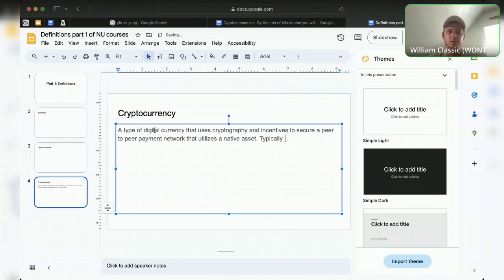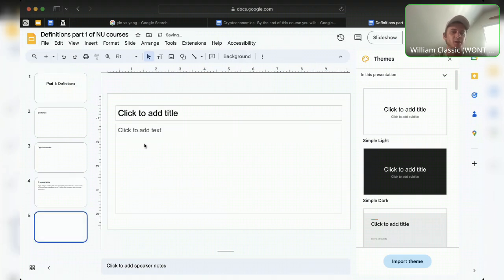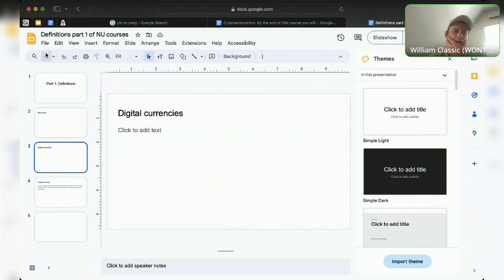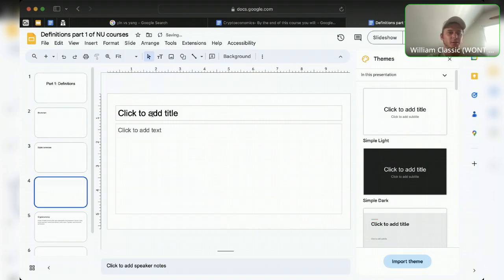Typically uses blockchain architecture. There's some cases in which a cryptocurrency doesn't actually have a blockchain, but I think that's a story for another time. I think I should probably put blockchain before that. Wait, I'm sorry, it's already there. My bad.